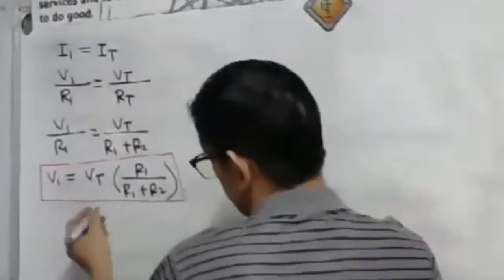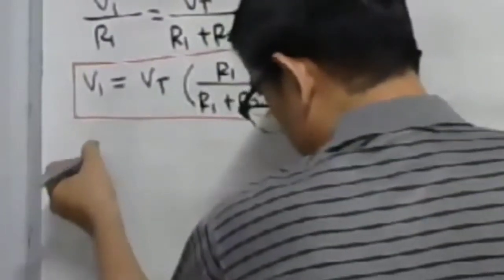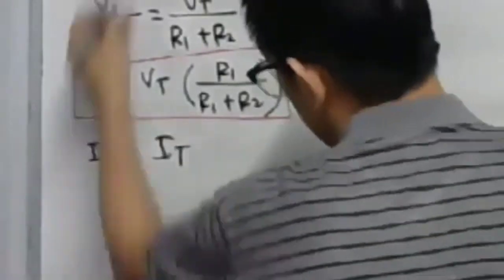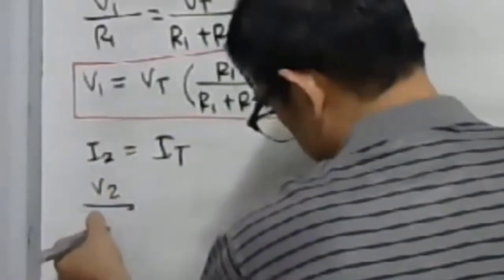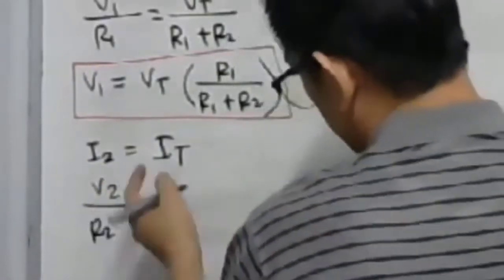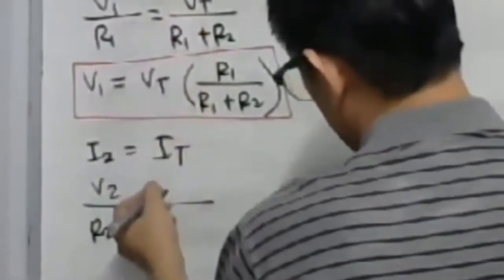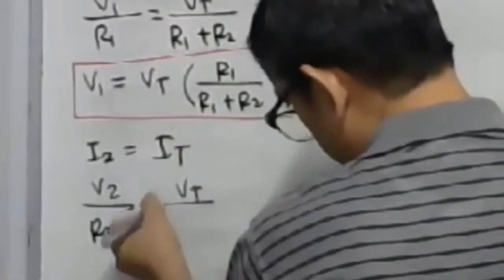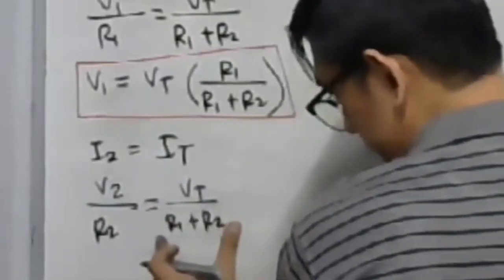What about V sub 2? The current in the second resistor, I sub 2, is simply equal to the total current. I2 is equal to V sub 2 over R sub 2. Again, our total current is equal to V total over R1 plus R2, which is the total resistance.